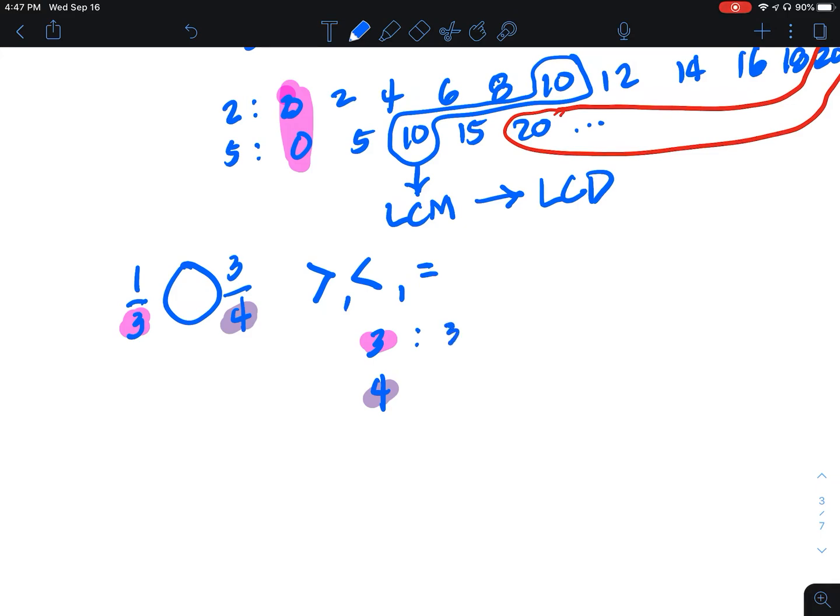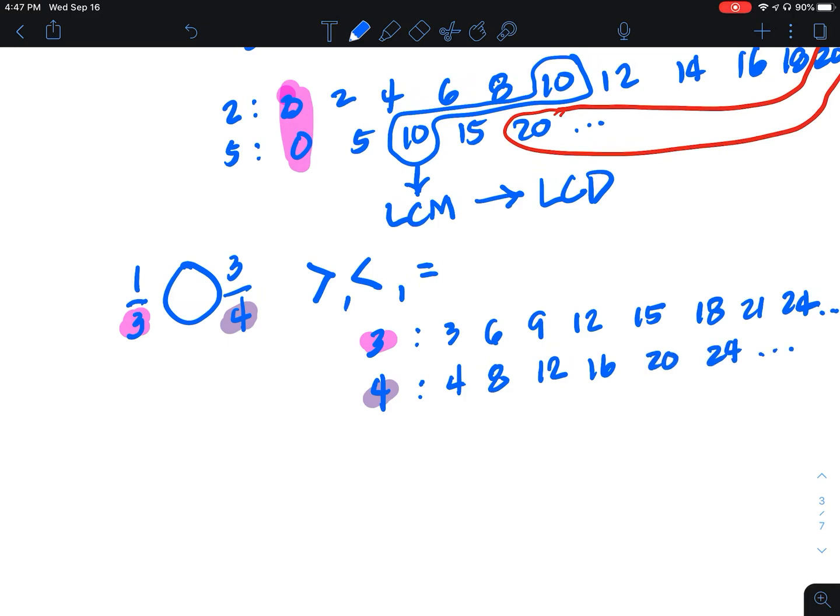It's going to be 3, 6, 9, 12, 15, 18, 21, 24, and so on and so forth. For 4, it's going to be 4, 8, 12, 16, 20, 24, and so on and so forth.